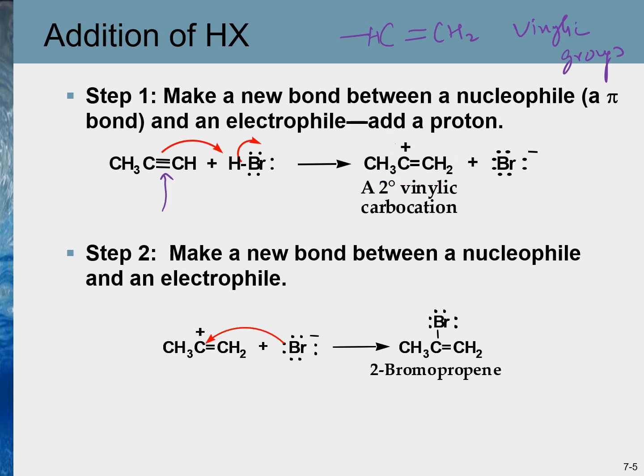We know that secondary carbocations are more stable than primary. So this will be our reaction intermediate after step number 1, and this step will also generate a bromide ion. This bromide ion will act as a nucleophile in the next step. In the second step, bromide will attack the carbocation site, and it will result in formation of a bromoalkene product.